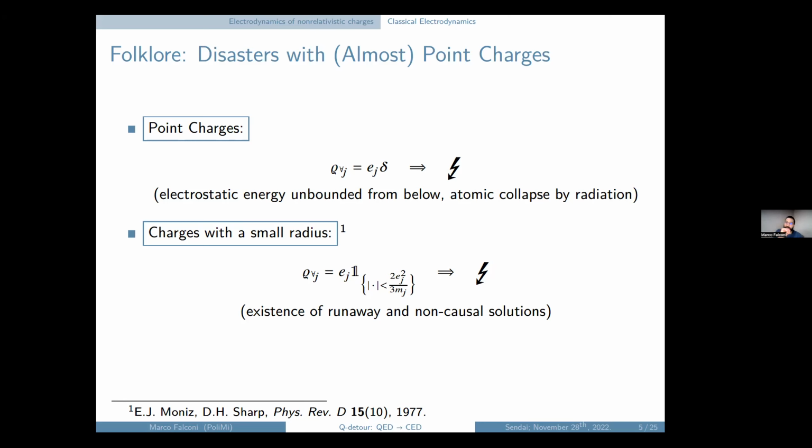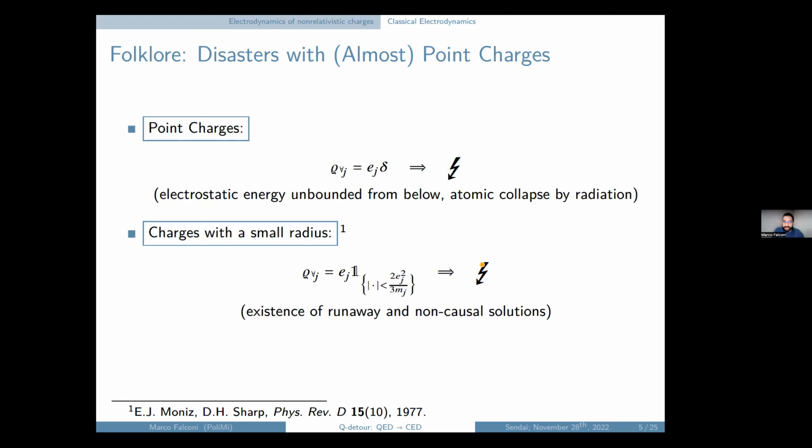Okay, so I don't want to go into very much detail on this because it's not really the focus of my talk, but just to say that classical electrodynamics poses problems for physicists and also for mathematicians, because even for mathematicians to make this case well-defined is sort of tough.